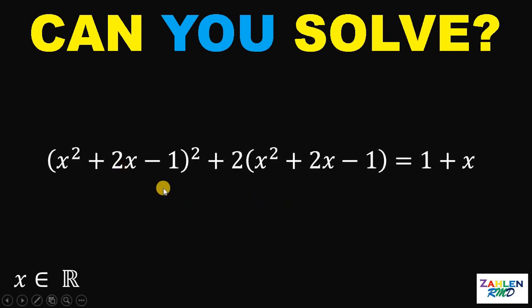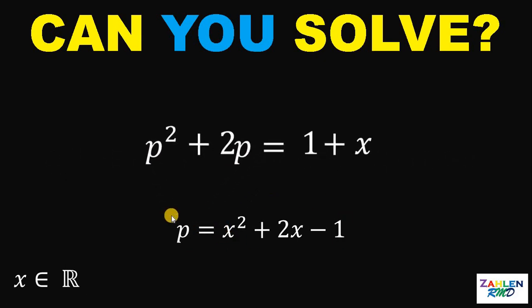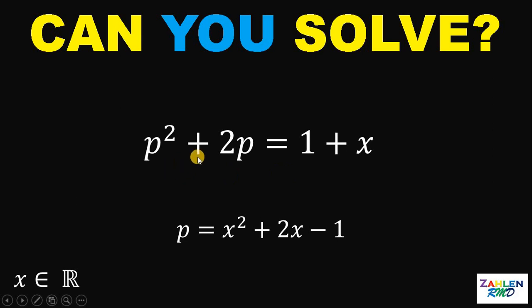And now, since we have the same expression, we can replace this expression with one variable and let's call this p. So, all of this expression can be replaced now with the variable p. And now our equation becomes p squared plus 2p equals 1 plus x.